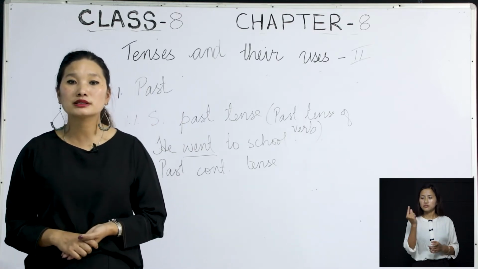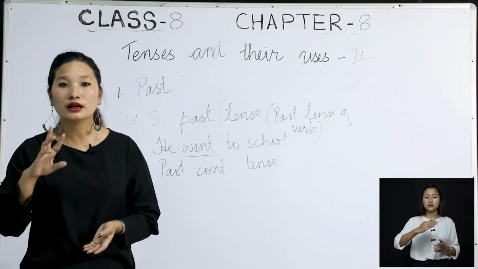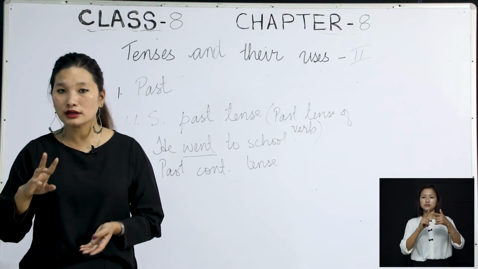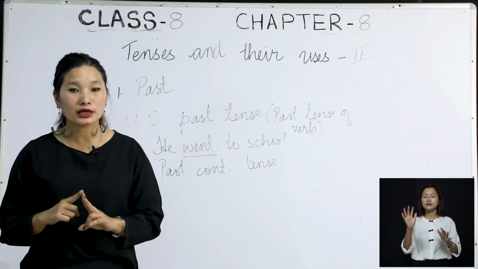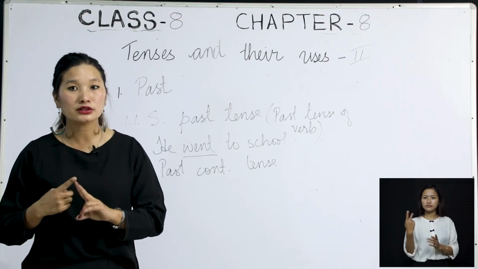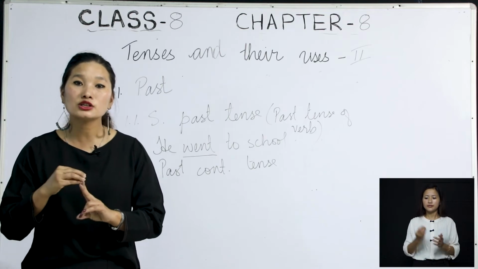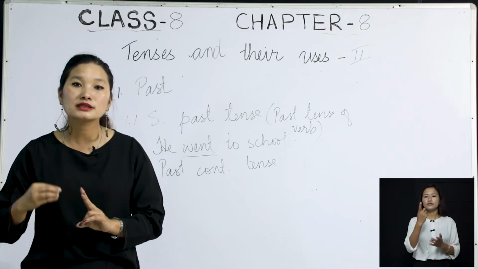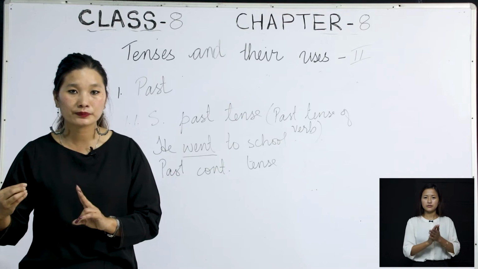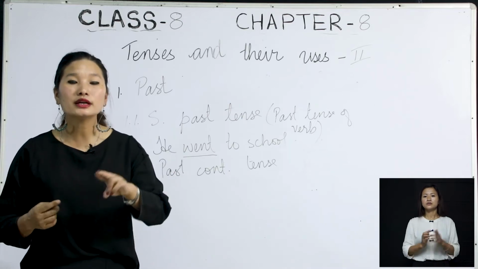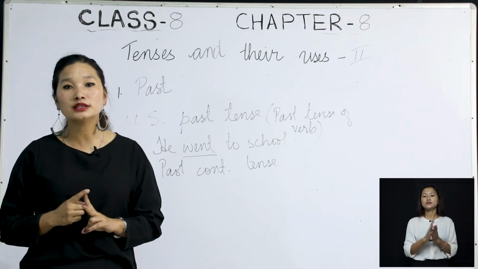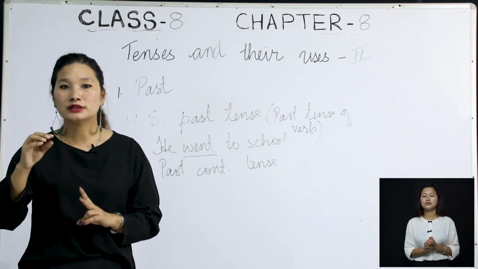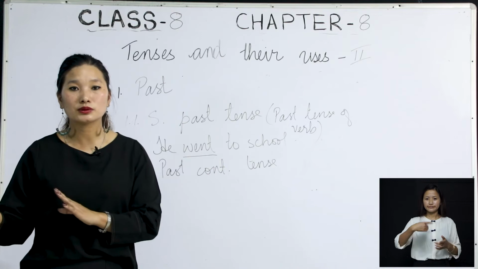You can use the past continuous tense when there are two actions following each other. I repeat, you can use the past continuous tense when there are two actions following each other. Okay? Having dinner and she came in, right? The first action will be written in past continuous tense. Did you get it? I repeat, when there are two actions following each other, the first action can be written in the past continuous tense.